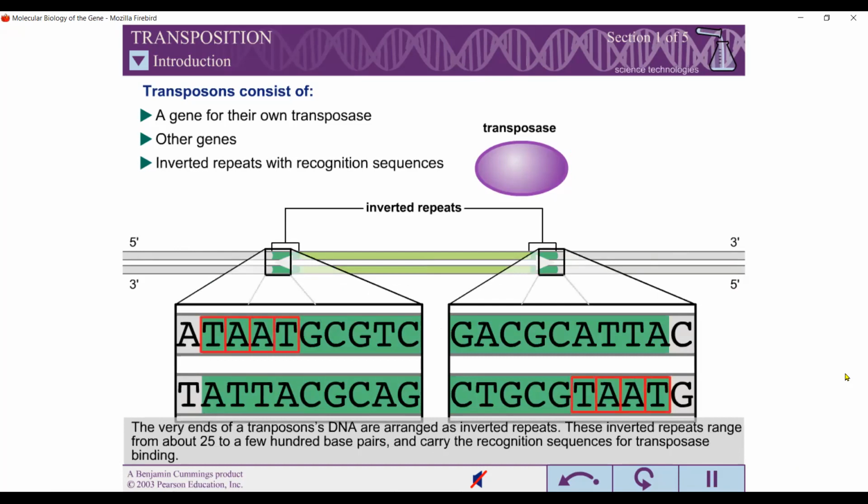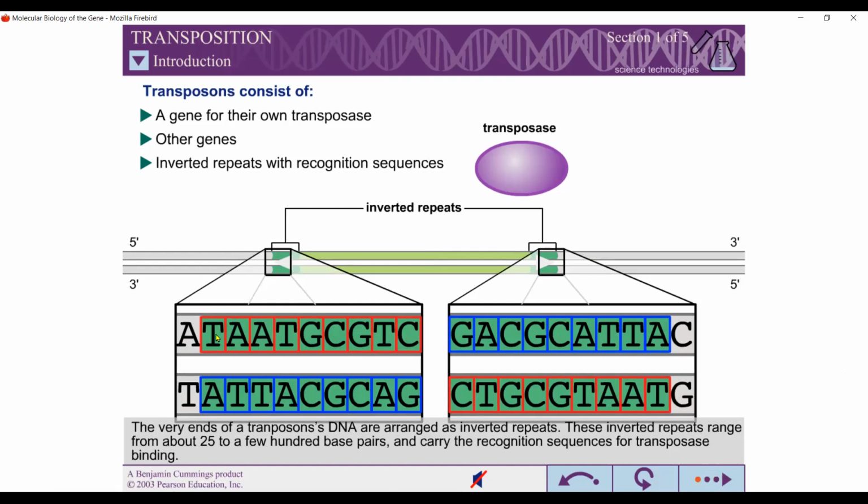As I told you, the sequences at the very ends of the transposon DNAs are arranged as inverted repeats. These inverted repeats range from about 25 to a few hundred base pairs and carry the recognition sequences for transposase binding.